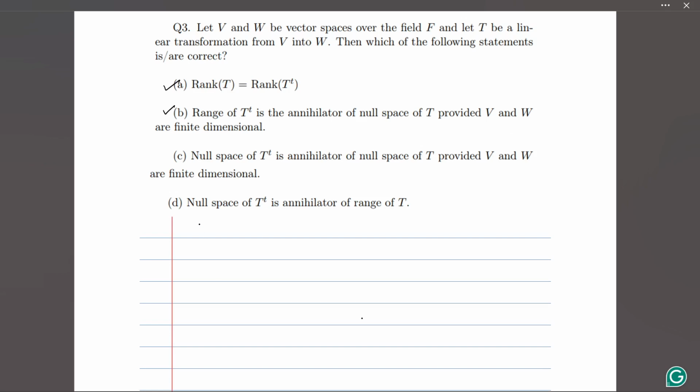And this was a similar result, meaning dual to this. Null space of T transpose is the annihilator of the range of T. Null space of T transpose is the annihilator of the null space of T, provided... Annihilator of null space of T. Where does it belong?